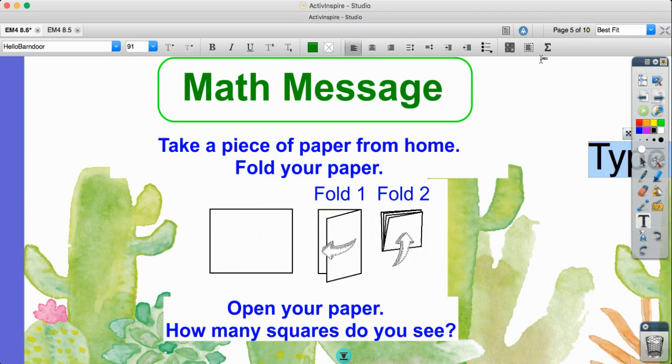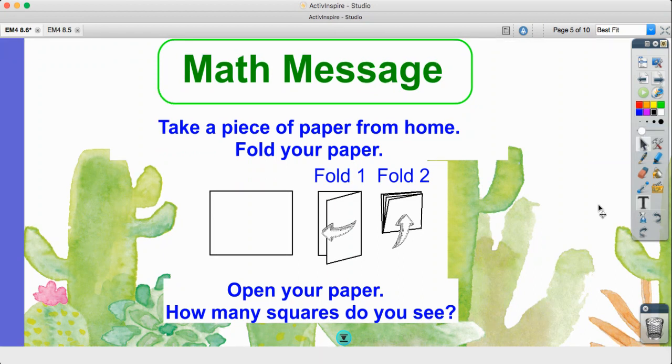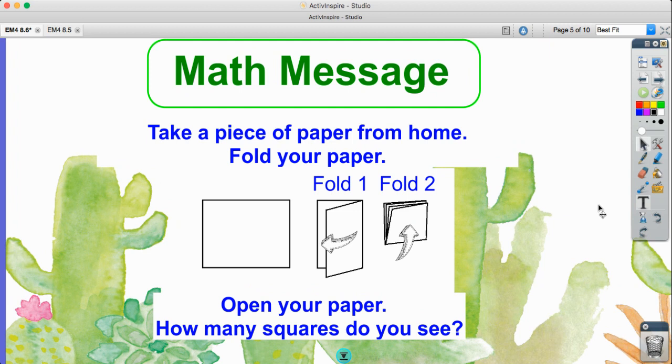For our math message, please take out a plain sheet of paper. We're going to fold our paper twice. First, fold your paper in two, folding from short edge to short edge.